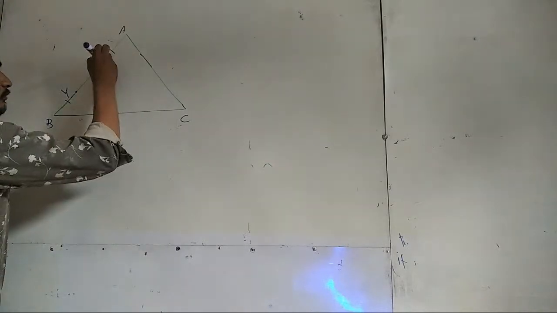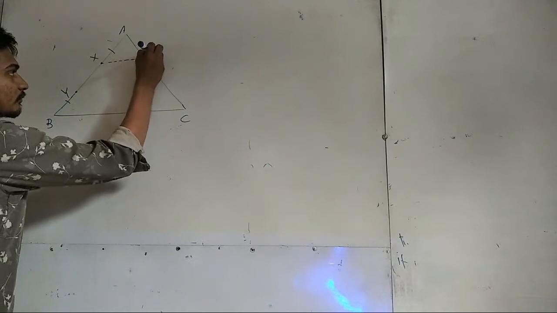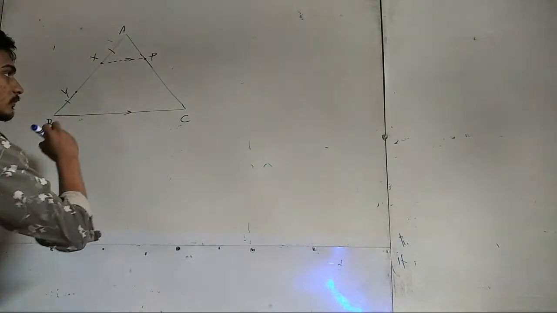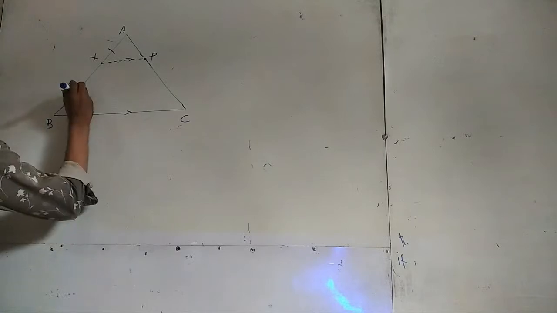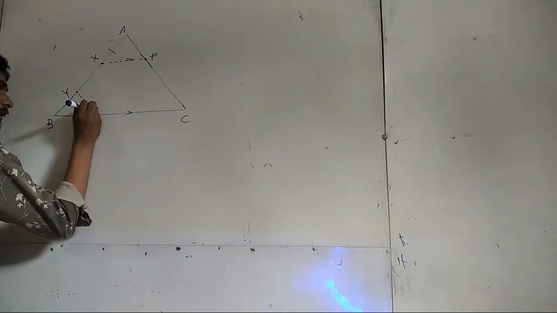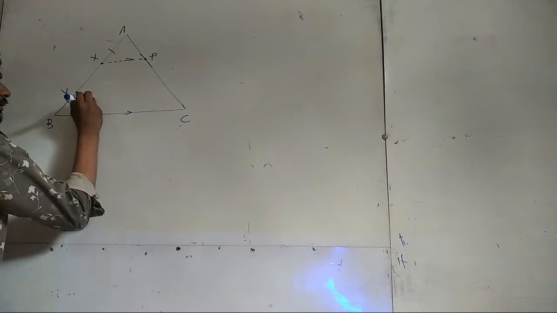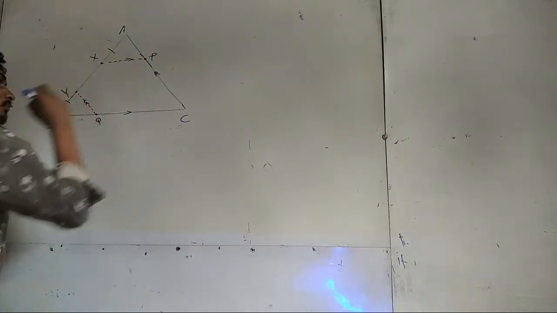XP is parallel to BC, like this. These two are parallel. Now, show the triangle AXP.